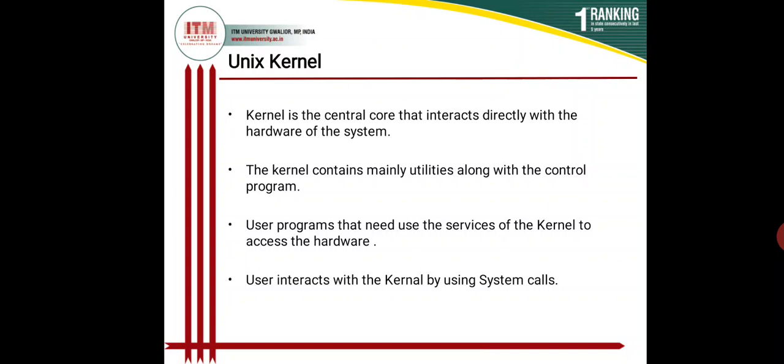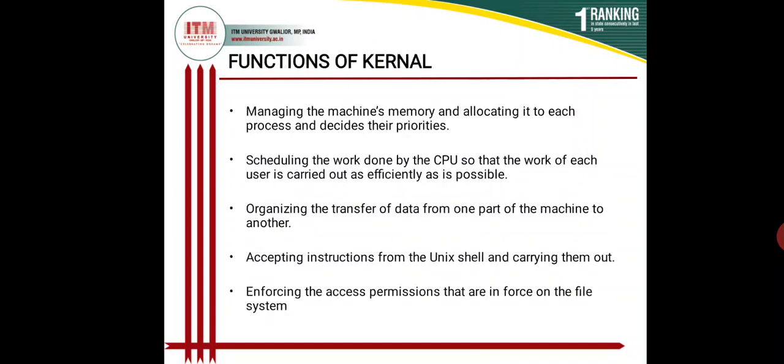So there are different functionalities of the kernel. The kernel will do the task of memory management: it will decide the memory by allocating the memory to the process, and it will decide the priorities for the processes.